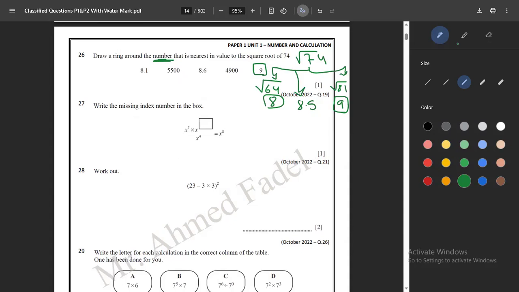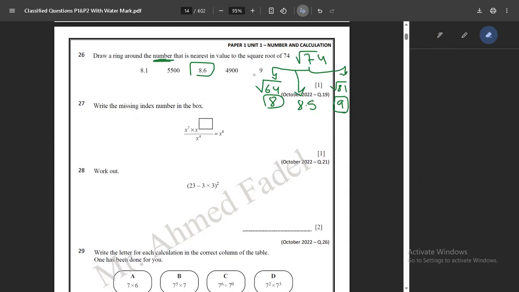It is closer to 8.6 actually. So it is not 9. We're going to discuss this question a little bit more in the class, question 26. But yes, it is closer to 9 if they said to the whole number. But no, it is very close to halfway between root of 64 and root of 81, which is very close to 8.5, so 8.6.